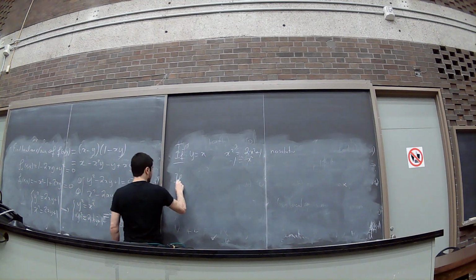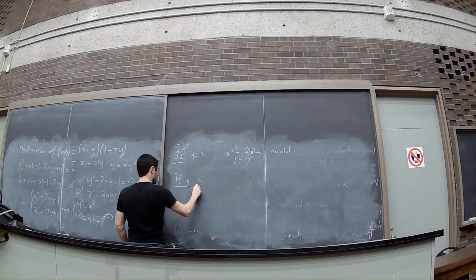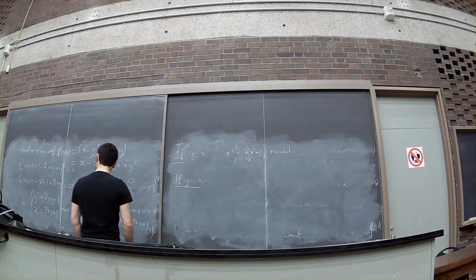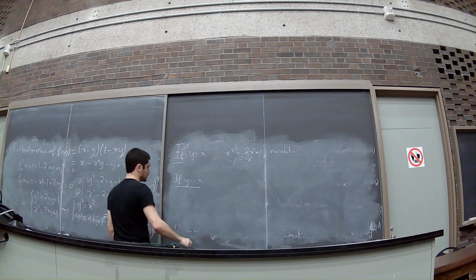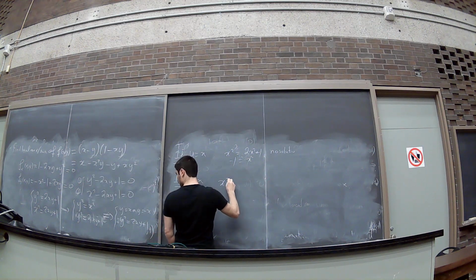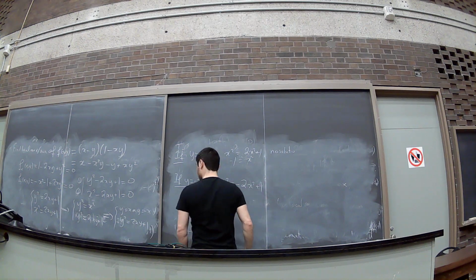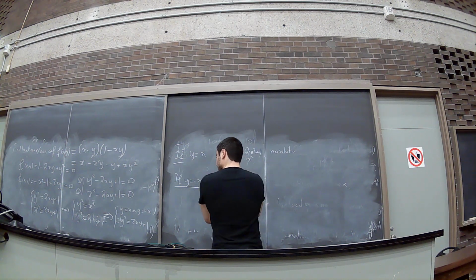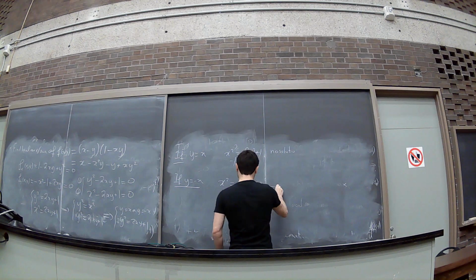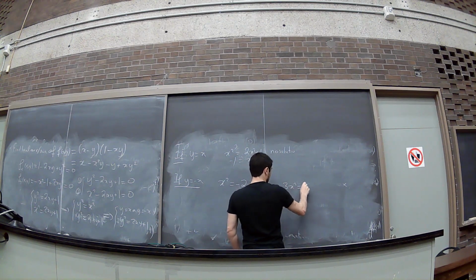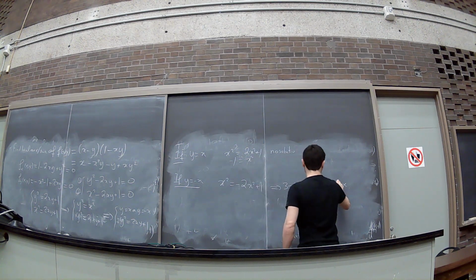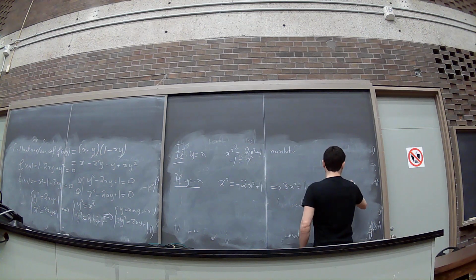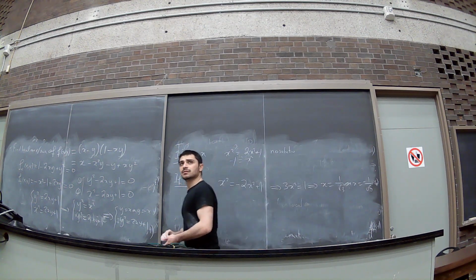And if y is equal to minus x, it's x squared minus 2x squared plus 1. Okay, let's make sure I didn't mess it up. So you get 3x squared is equal to 1, so x is 1 over root 3. Is that right?